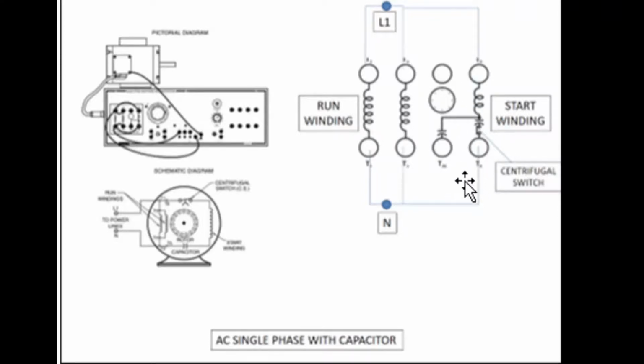There are some capacitor start motors that actually use two capacitors, one to start it, and then the second one would be in the circuit during the run operation. So it depends on your type of capacitor.